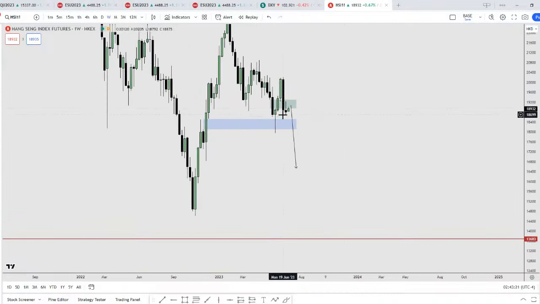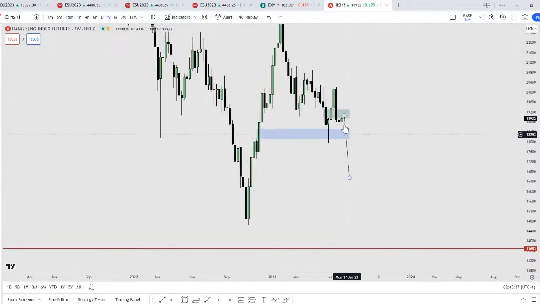Price closed below that, right? And right now we have bearishness on the Hang Seng Index. If Hang Seng Index is going to be bearish, that's going to pull Chinese companies or stocks lower. Very simple logic here. Okay, so right now I want to see this act as resistance.